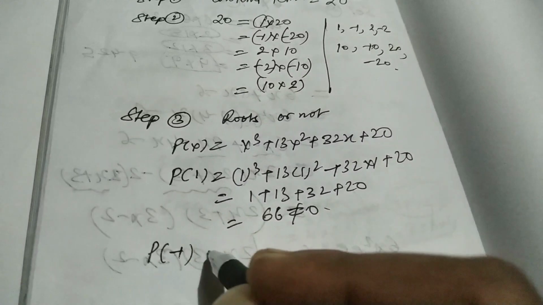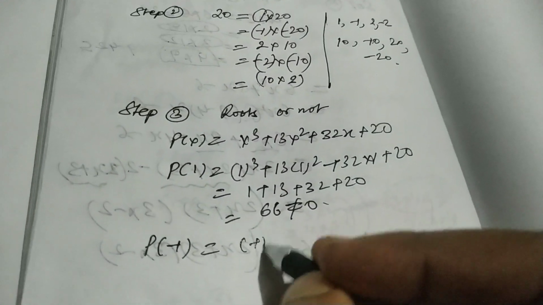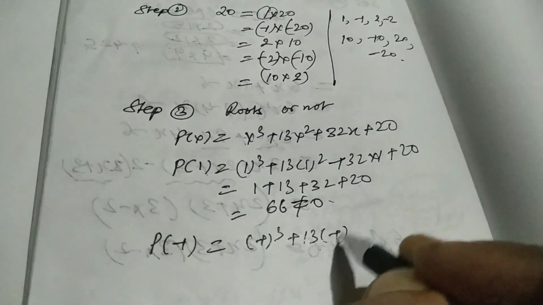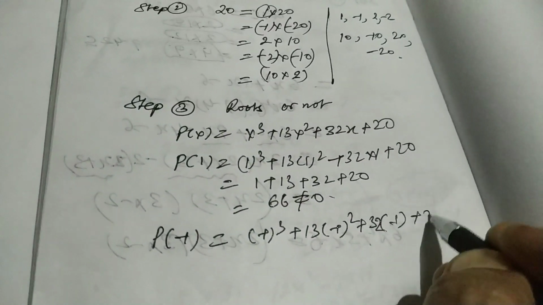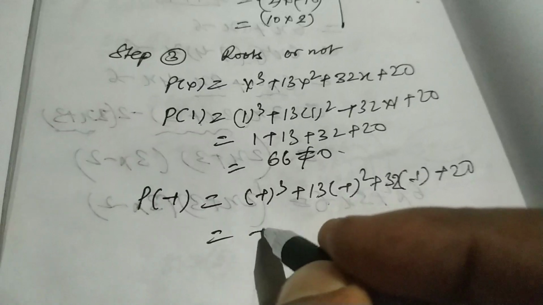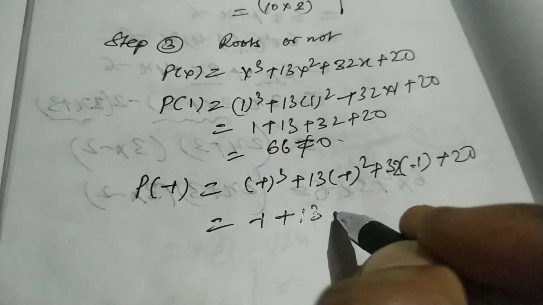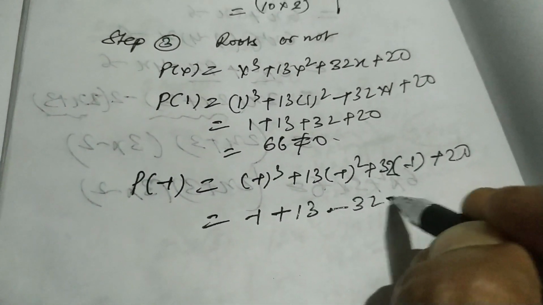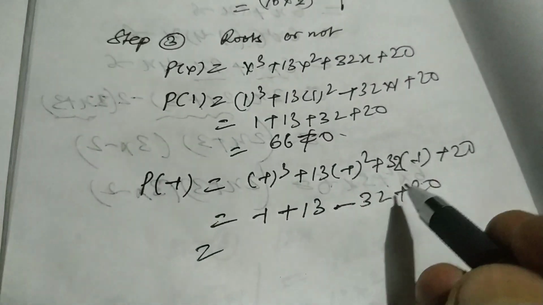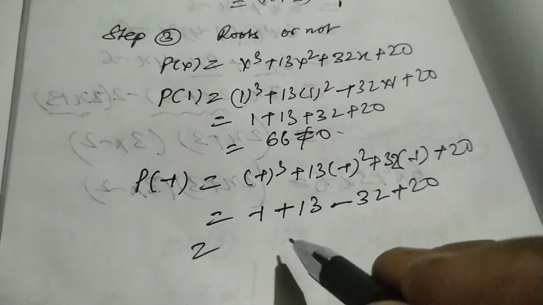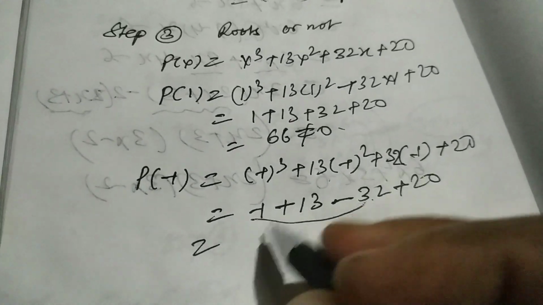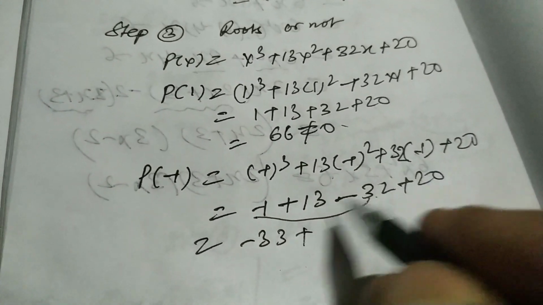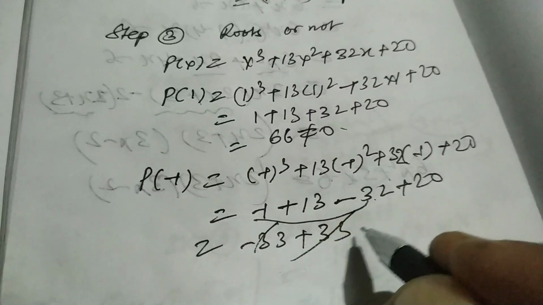Now check minus 1: minus 1 cube plus 13 into minus 1 square plus 32 into minus 1 plus 20. This is minus 1 plus 13 minus 32 plus 20, which is minus 33 plus 33, equal to 0.